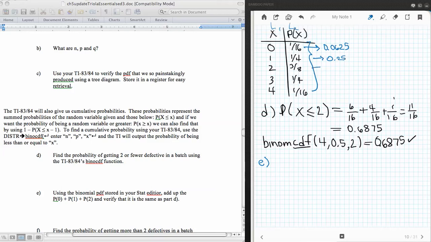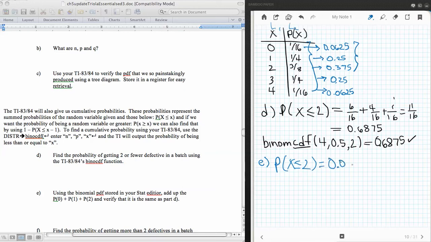This one is going to be 0.375, and then this one again 0.25, and then this one again 0.0625 in your data register. So you could go to your data register and get these three values, the probability of x being less than or equal to 2, and add those up.